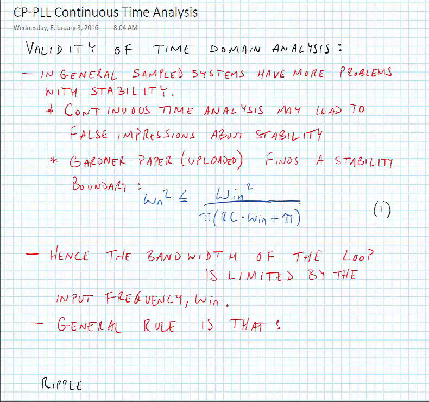You should note that by omega n, in the first case we're talking about the natural frequency, and in the second case we're talking about the input or reference frequency.